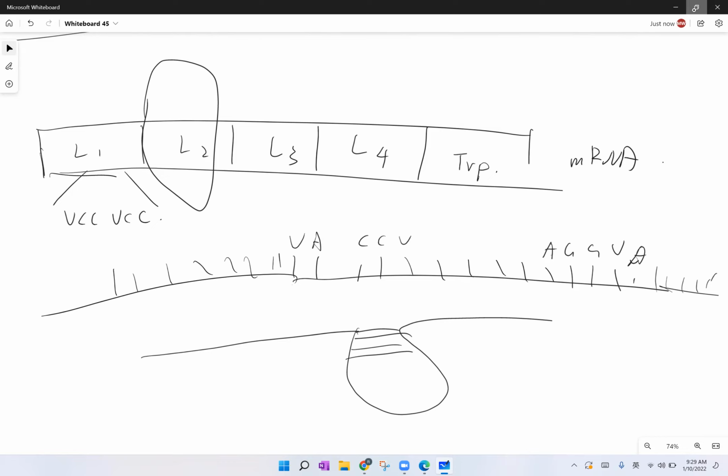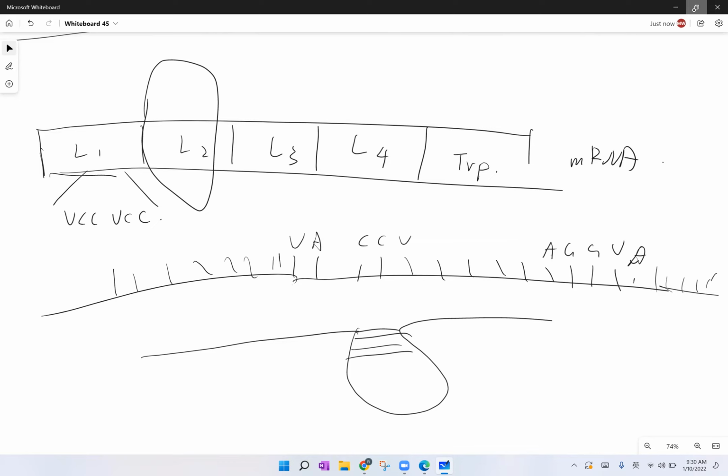Okay. Back to the mRNA sequence. If the tryptophan concentration is very low here, where should your ribosome be? If your concentration is low, it's going to take much longer to translate your leader 1 region, right?